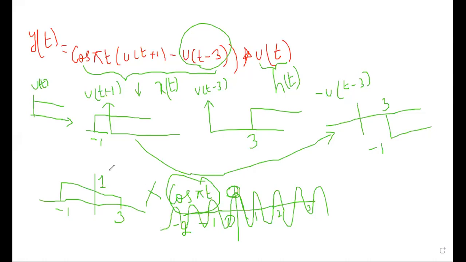Now, when you multiply the bracket of u of t plus 1 minus u of t minus 3 with this cos pi t, how will this diagram be converted? From which range to which range will I get the output? Minus 1 to 3. Very good. So from minus 1 to 3 only I will be getting the output.